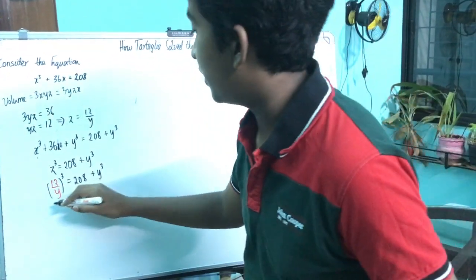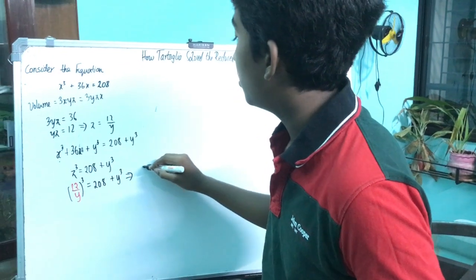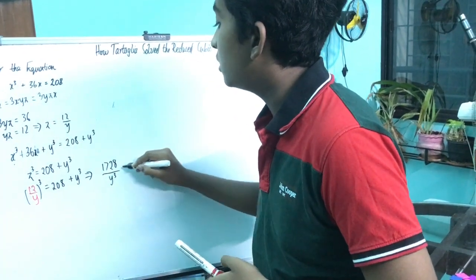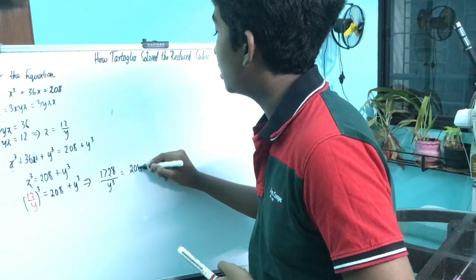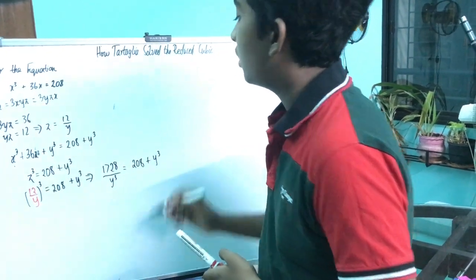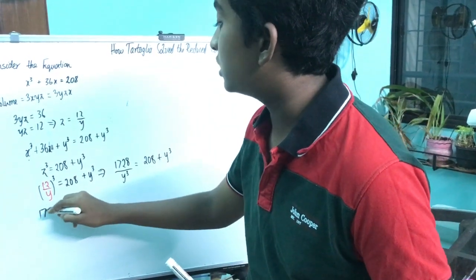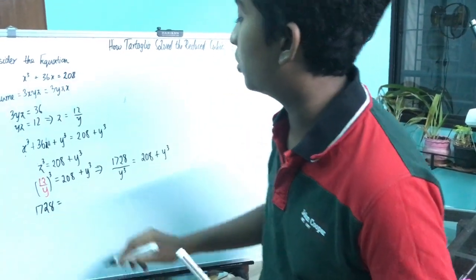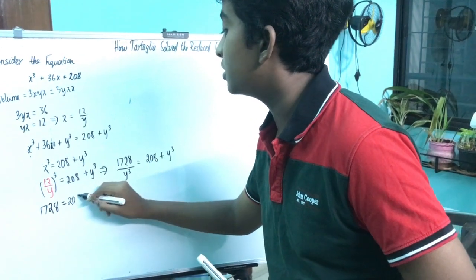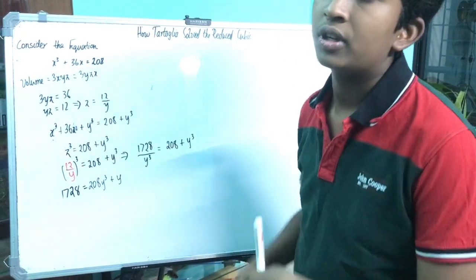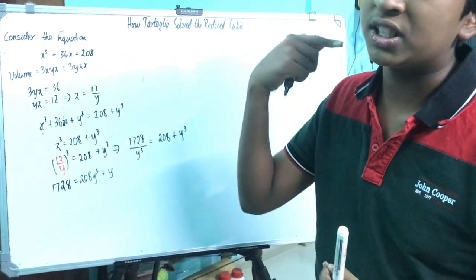Now we expand this, we get 1728 by y cubed equals 208 plus y cubed. And when we multiply by y cubed every term, we get 1728 equals 208 y cubed plus y cubed times y cubed, which is y raised to 6.